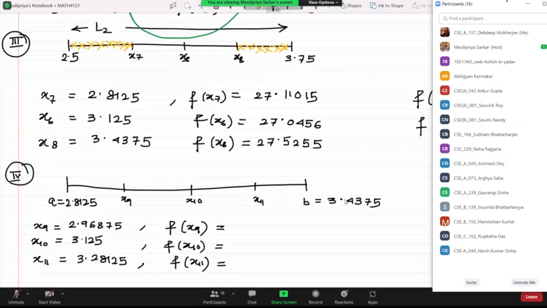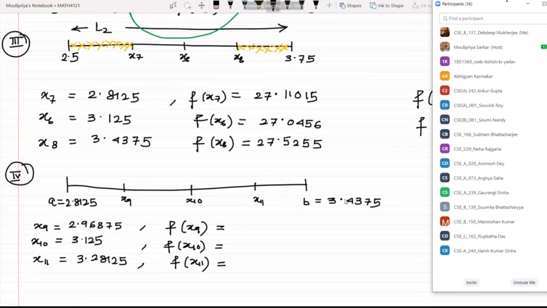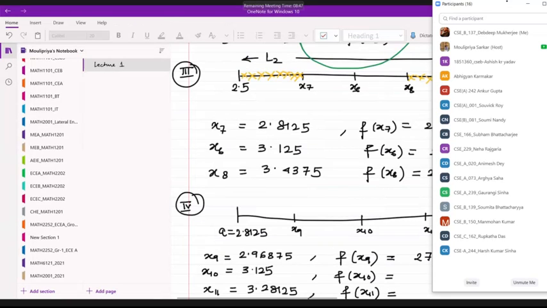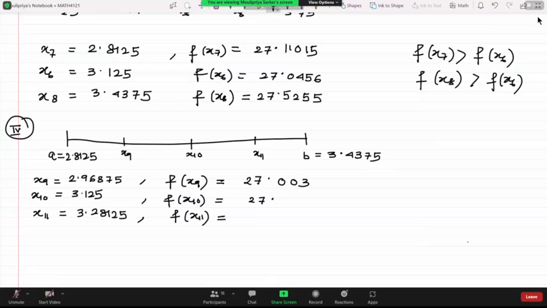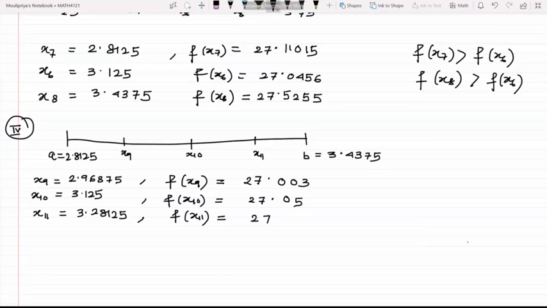Anyway, what about f of x9? It's probably 27.003. f of x10 is 27.05. Our f of x11 is 27.224.